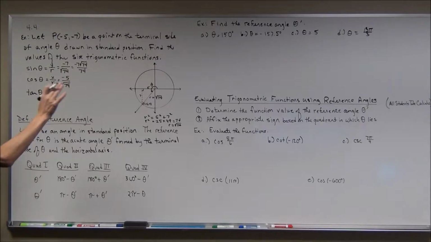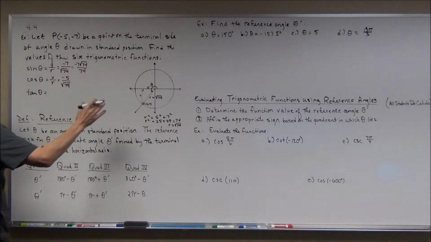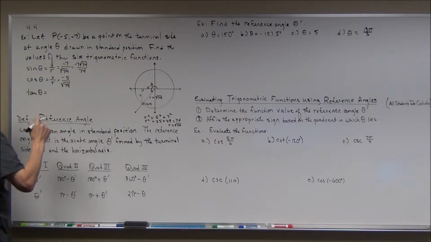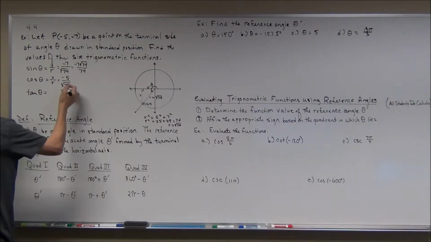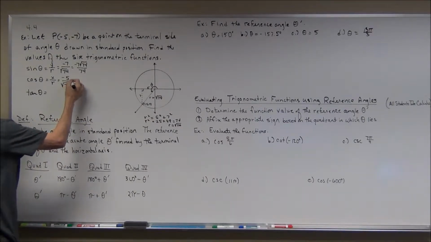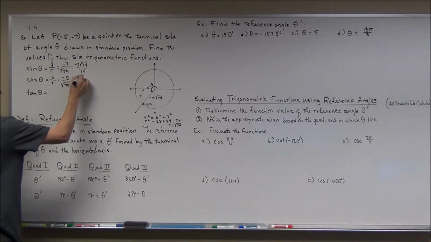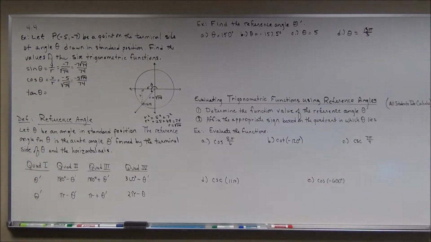Don't forget, all students take calculus to remember when your different trig functions are positive and when they're negative, based on the quadrant. So I'm going to rationalize this one as well by multiplying top and bottom by the square root of 74, and I get -5 square roots of 74 all over 74. Now, unless they ask for you to write it out as a decimal, just leave it in a simplified radical form here.